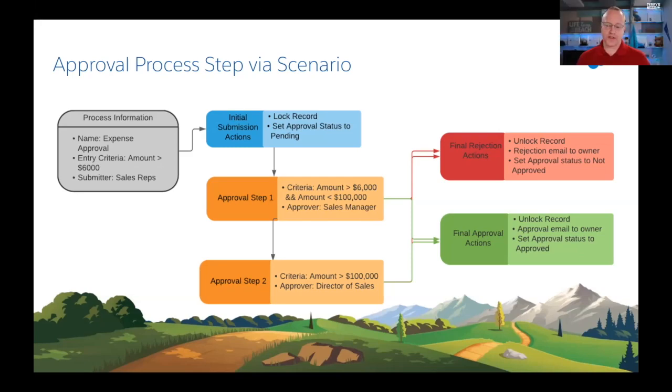If the sales manager doesn't approve the $150,000 deal, that would not go to the director either. That would be rejected, I believe. Maybe there's the option to override that too.